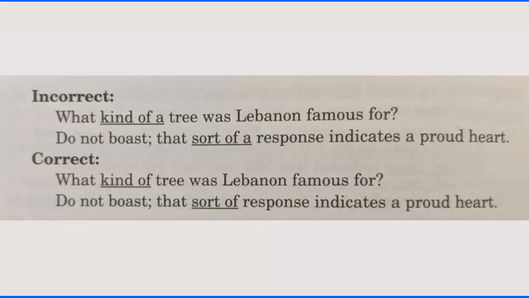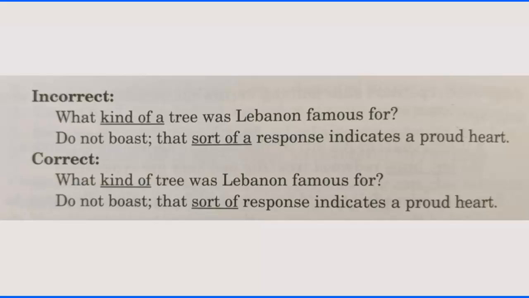And then number 3, do not use a or an after kind of or sort of. And so here are the incorrect examples and then the corrections. What kind of a tree was Lebanon famous for? We don't need the word a in there. It's just an extra word. It's an extra syllable to have to say.